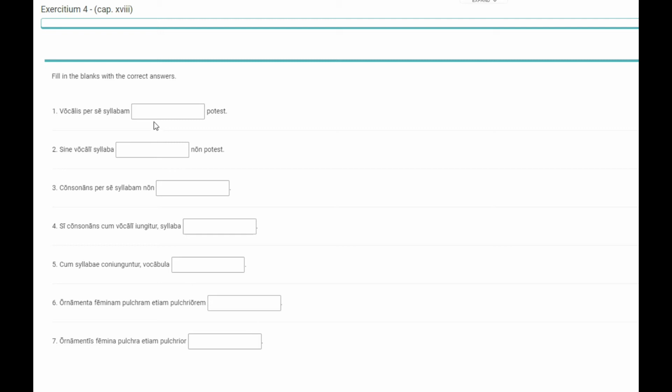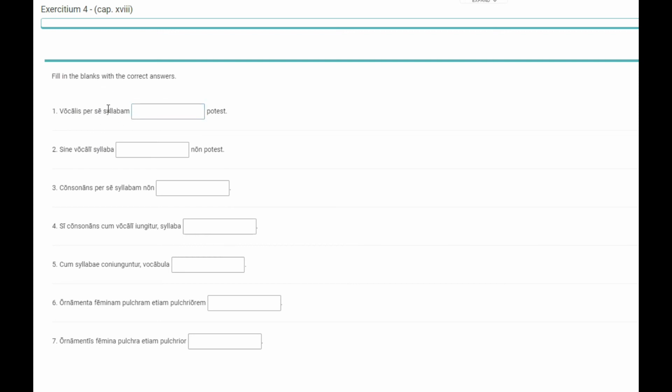So if I can just look at number 1 here, what's the right fill in the blank for number 1? Vocalis we know is a vowel. Vocalis per se syllabam blank potest. So a vowel in itself, per se, is able to make or to be made a syllable.